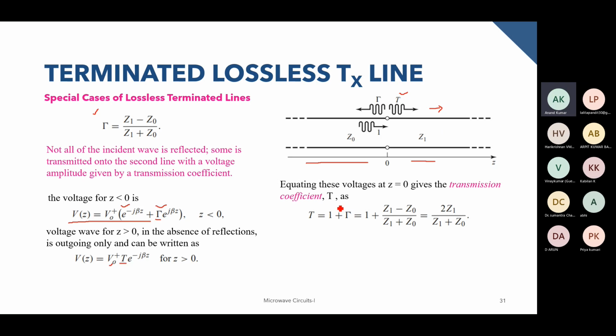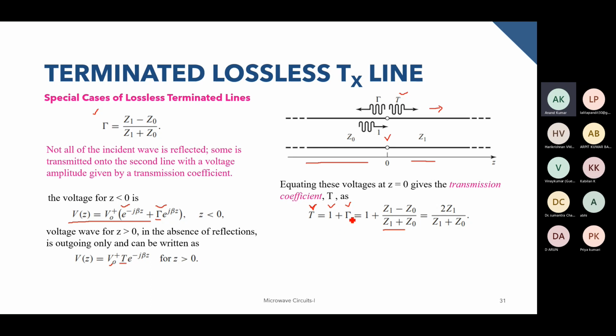Now, if we evaluate at this junction, following the expressions for voltages, we get that the transmission coefficient should be 1 plus the reflection coefficient, and then substituting the values, we find the transmission coefficient as 2Z1 by Z1 plus Z0.